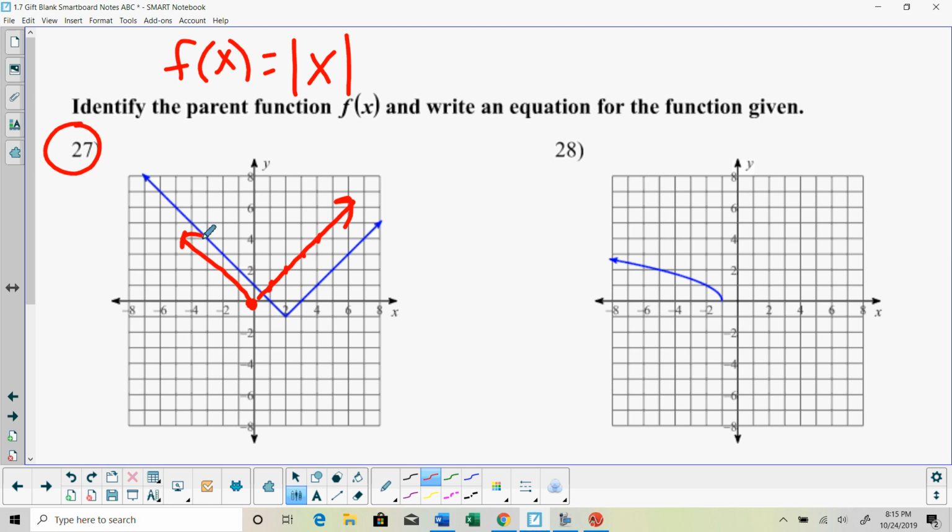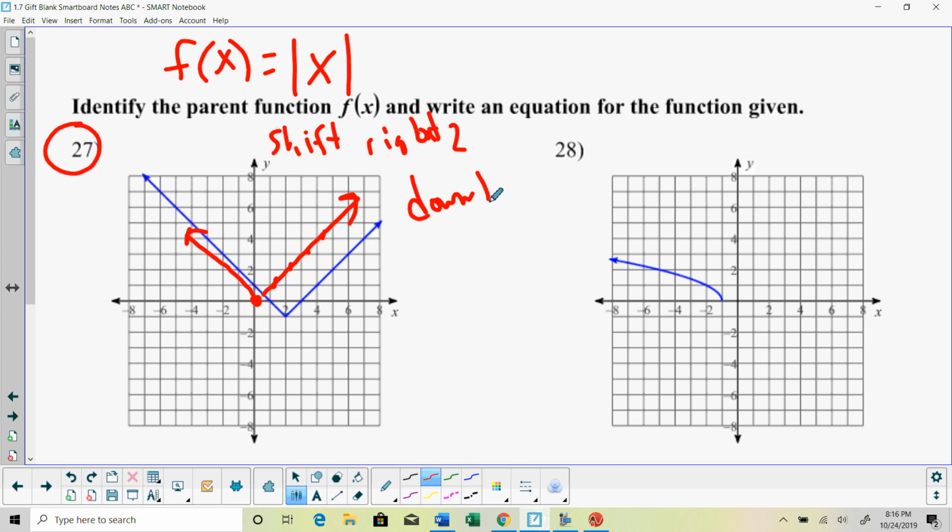So what's happened to this V? It looks to me like this V has shifted to the right maybe 2 units and down 1. Well, let's write that out. That's a shift right 2 units and down 1 unit.